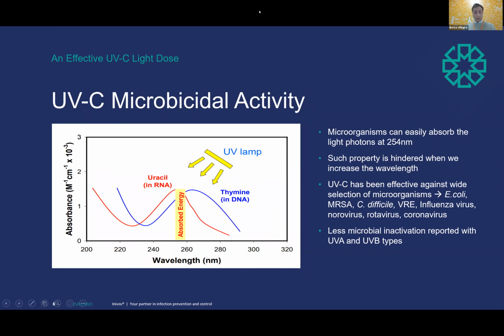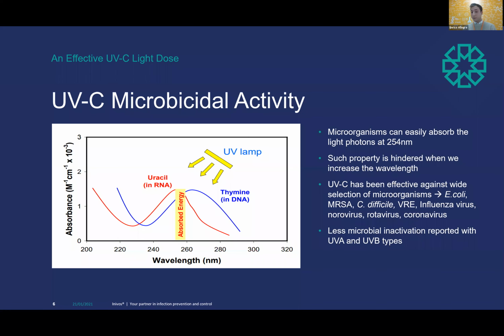Many studies have been done assessing the absorbance of energy inside the cells, and at 254 nanometers, it seems to have the highest absorbance in both RNA and DNA, which will lead to the highest efficacy, although this is still being discussed, as other wavelengths within the UVC spectrum have lately been more and more used and adopted.